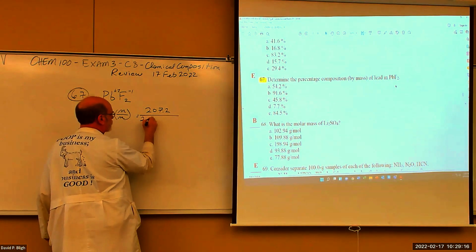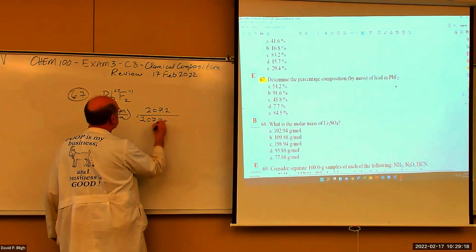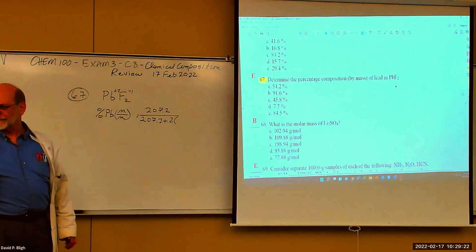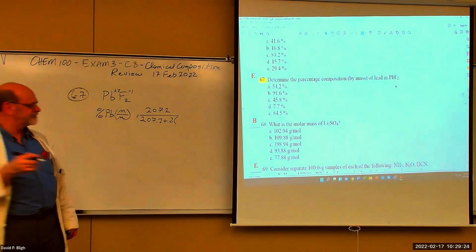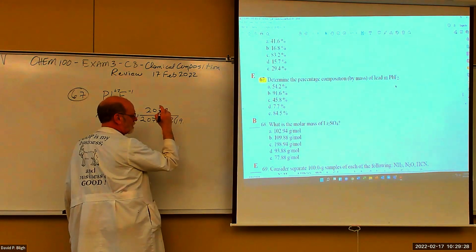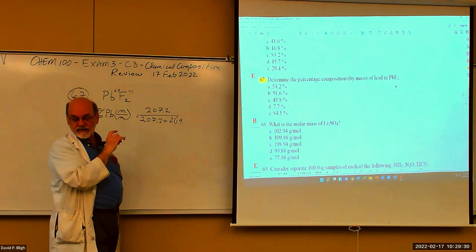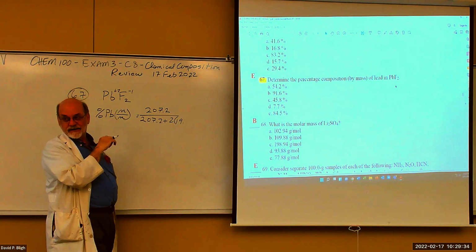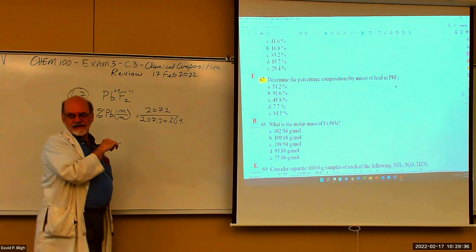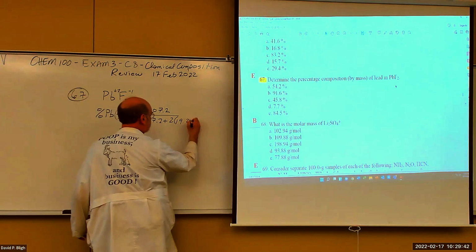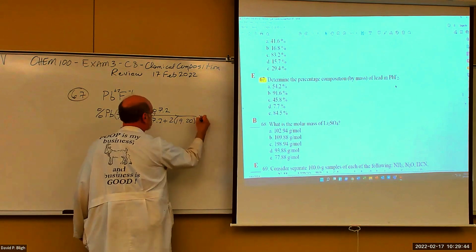And then the total is 207.2 plus 2 times fluorine, which is 19 something, isn't it? Rounded off, it's a halogen, far right. 18.8, so I guess it's 19. 19.00, yeah. Okay, times 100.